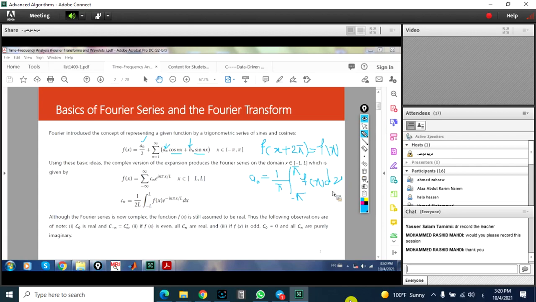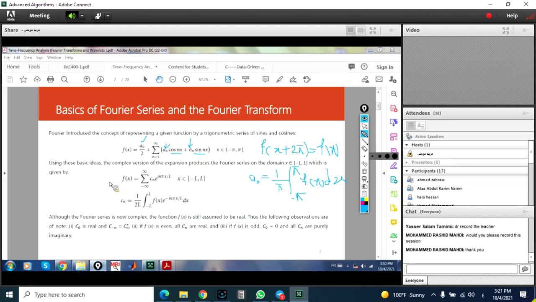And then after that, we said that not all functions are periodic; maybe they don't have a period, or maybe we have them with a generic duration.